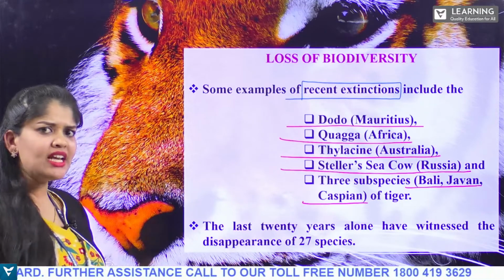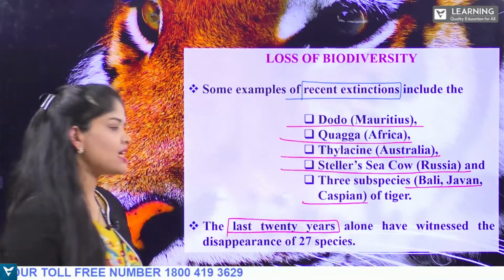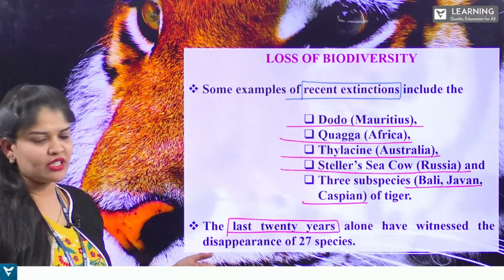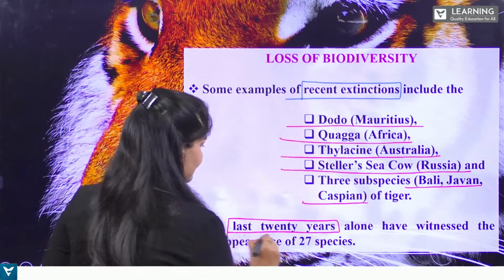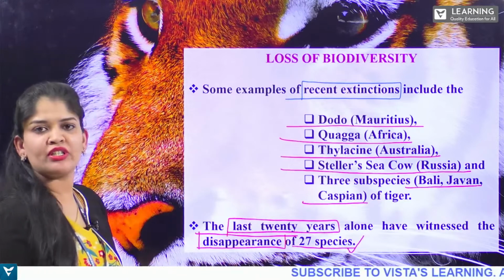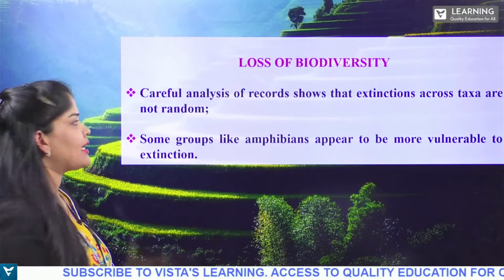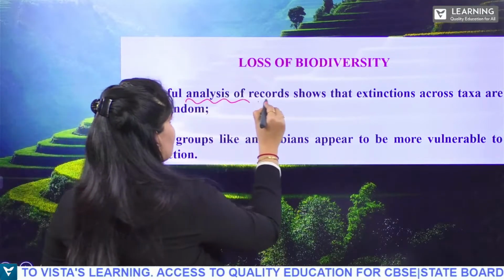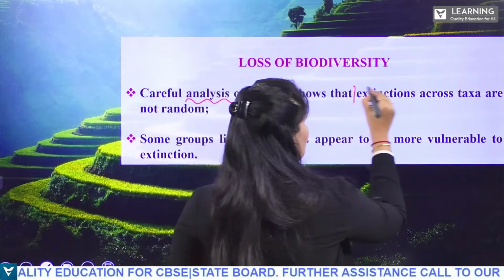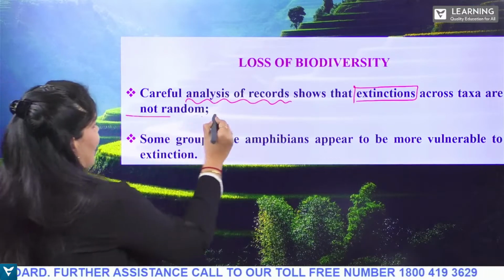Now, in the last 20 years alone, we have witnessed the disappearance, that is, the extinction, of a total of 27 species. Careful analysis of records shows that extinctions across taxa are not random.